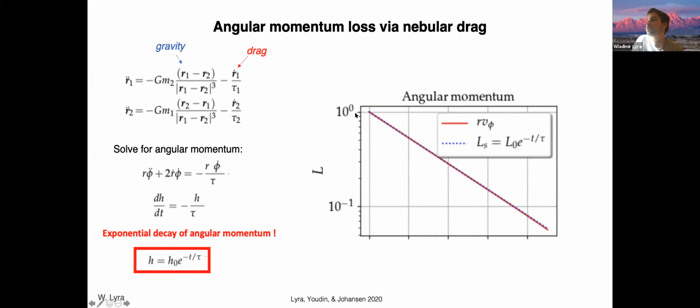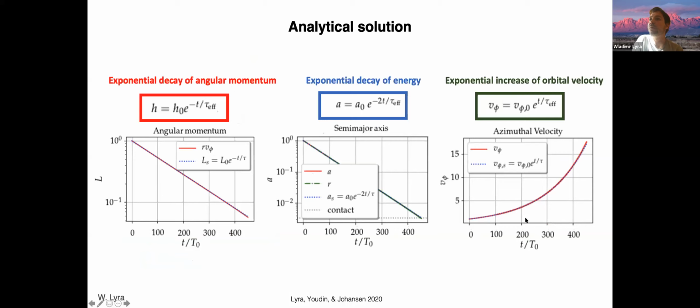So this is what the solution looks like. Angular momentum is here. Then you just exponentially decay that, quite simple. You can do the same analysis here then for the semi-major axis. You see the energy is lost at twice the rate that you lose angular momentum. And then the orbital speed, of course, because you're losing angular momentum, is becoming closer and spinning up.